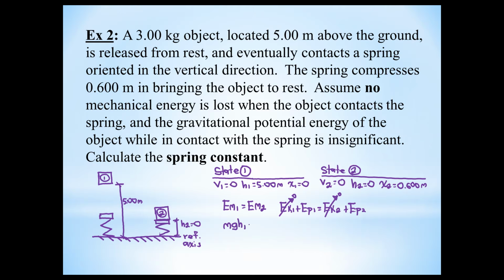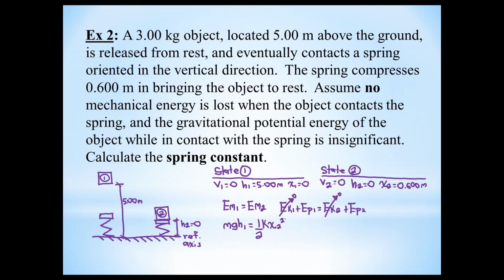At state 2, we're not worrying about gravitational potential energy, but the spring is compressed. So that's being converted into spring potential energy, or elastic potential energy, which is 1/2 k x2 squared. So a little bit of a weird energy conversion going on. We're going from gravitational potential to elastic potential energy.